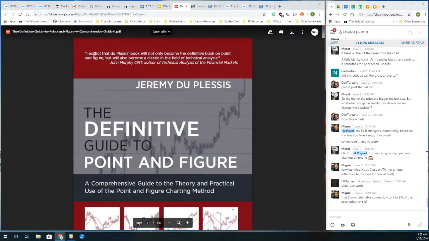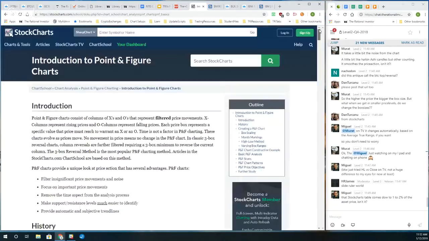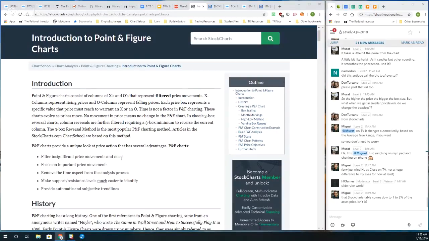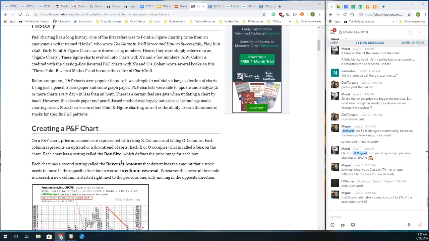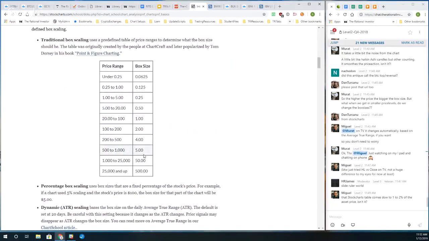If we scroll up here: "I expect that Duplessis' book will not only become the definitive book of point and figure, but it'll also become a classic in the field of technical analysis." John Murphy! And gee whiz, this is John Murphy's website, stockcharts.com. This is John Murphy's site. So it shouldn't surprise us that Mr. Murphy has gone to great lengths to talk about point and figure charting because he's a very big fan of it.